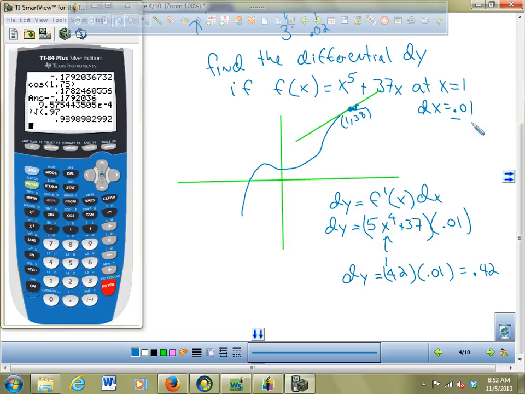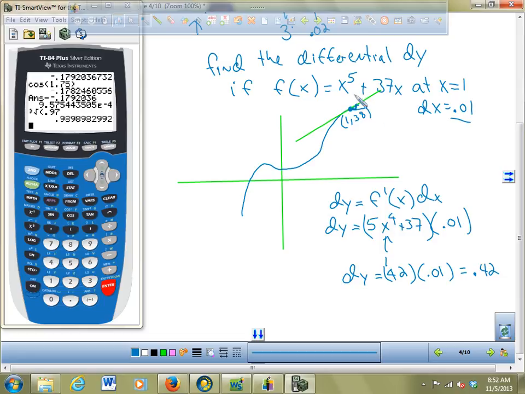dx is 0.01, right? f prime of x is 42. I plug in 1 into the derivative, right? And I get that change. Where is it plugging 1 in? 5 times 1 to the fourth plus 37.